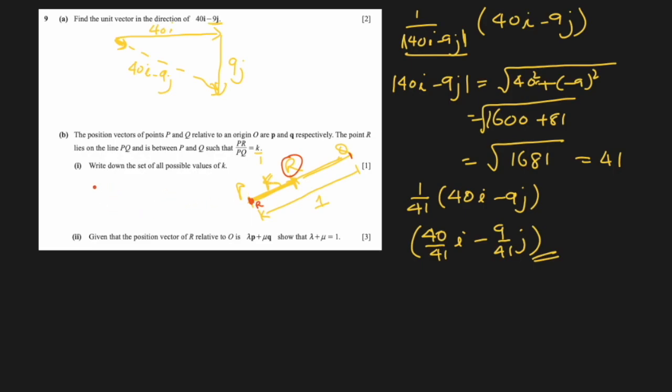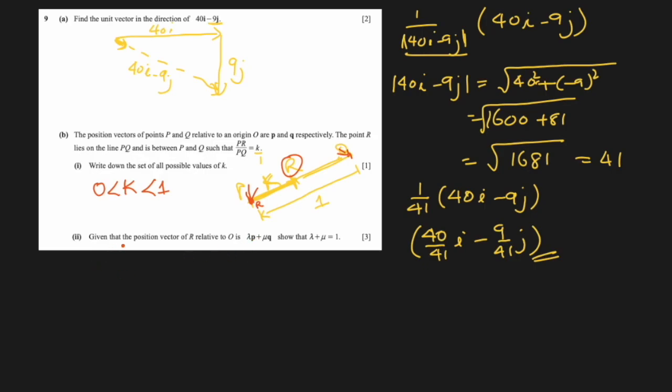It can't be 0, right? So we can say that k is between 0 and 1. Why 1? Because R can be almost the whole length PQ, a little less than that. Not completely 1, but almost equal to that. So R can have a position from here till here. That is the range it can have.